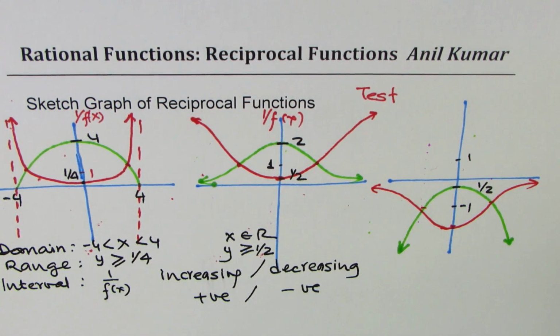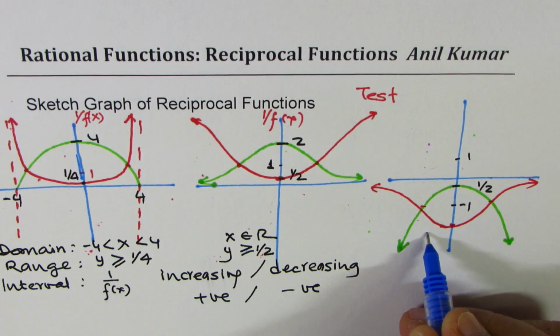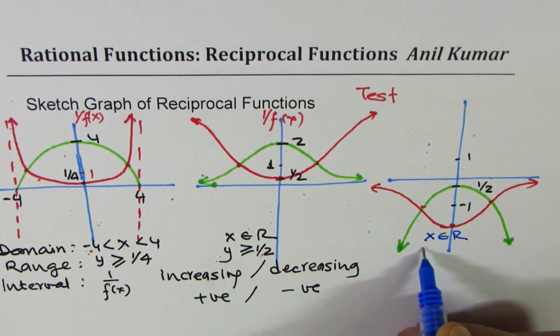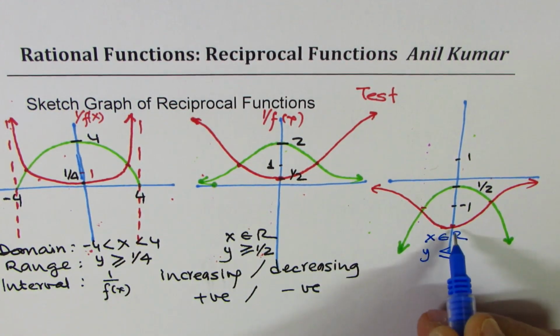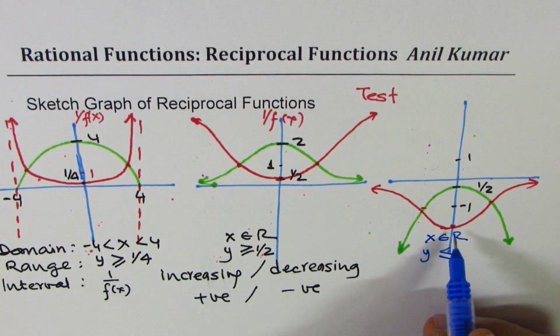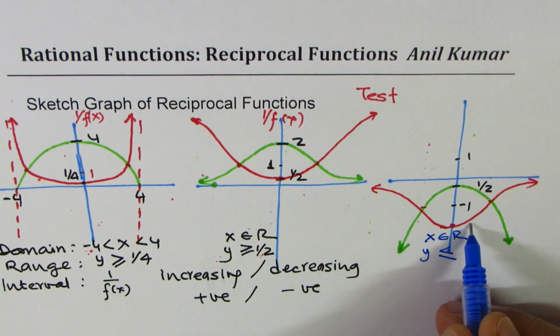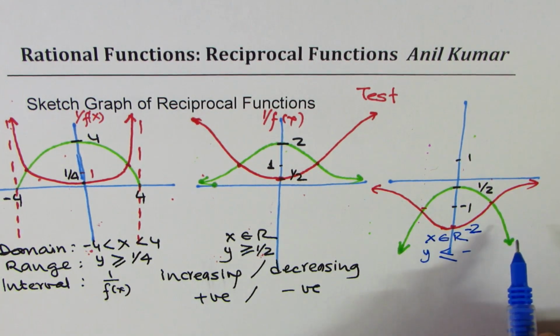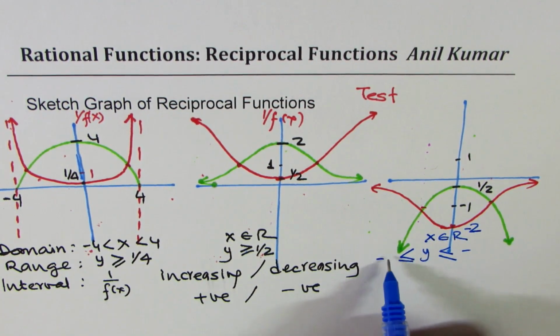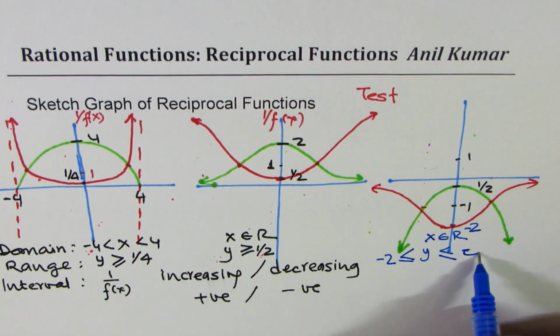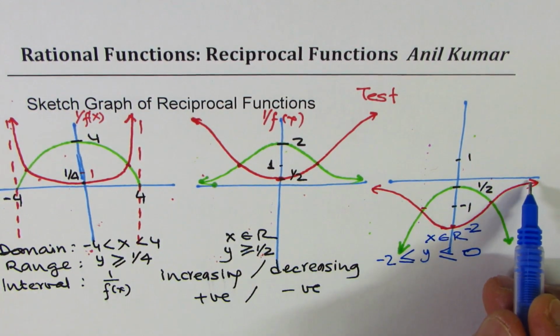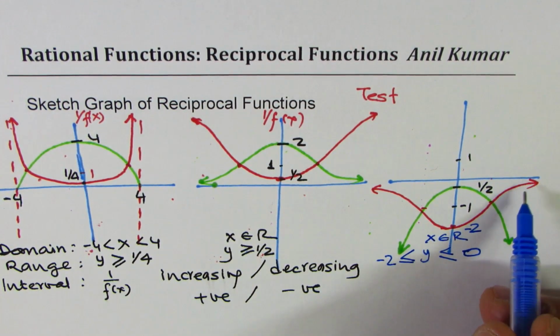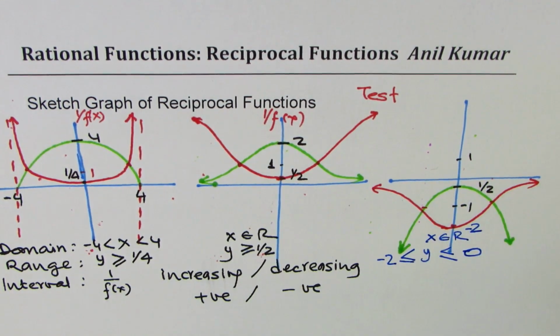Now, in the third case, as clearly you can see, x belongs to real numbers and y is less than or equal to this, which is -2, right? I should say greater than or equal to -2 and less than or equal to 0. It is never at 0. It is approaching 0. Perfect. So that is how it is going to be.